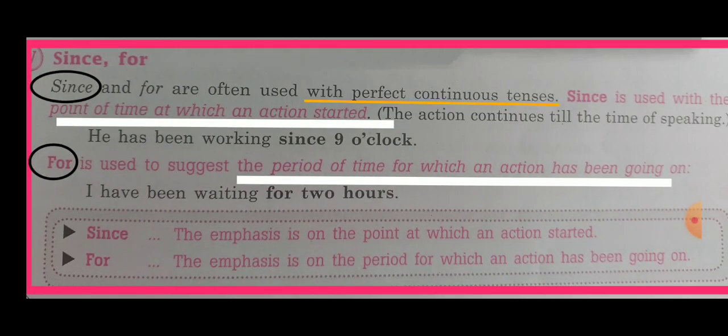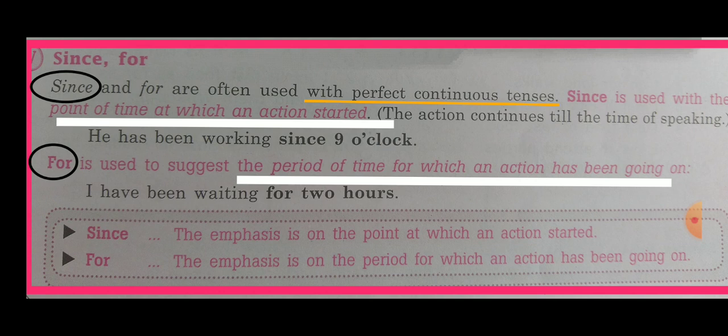Now, in perfect continuous tenses, either present perfect continuous or past perfect continuous, in both kinds of perfect continuous tenses we often use since or for. Now, what is the difference between using since and for?